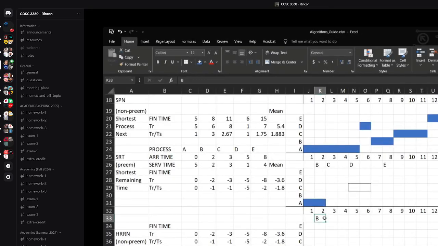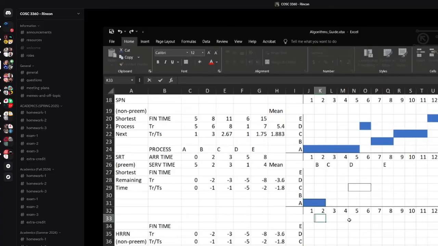And at this time, we need to consider all the processes in this queue that have the shortest remaining time left, and they need to run next. Let me rephrase that. While we're running A, because A arrives first, A runs time 1, time 2, and then B arrives at time 2. So at this point, we need to compare A and B to see which has the shortest remaining service time left.